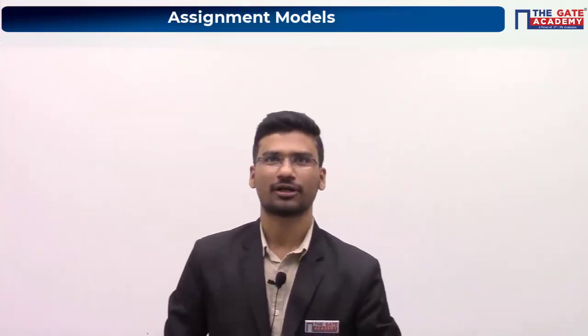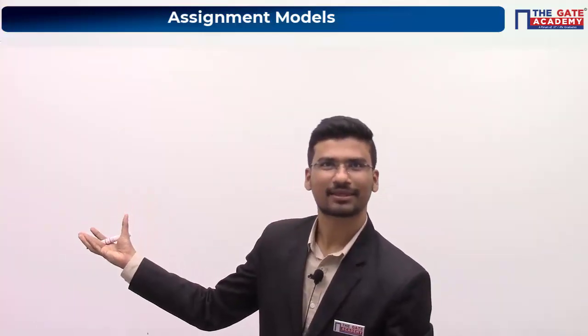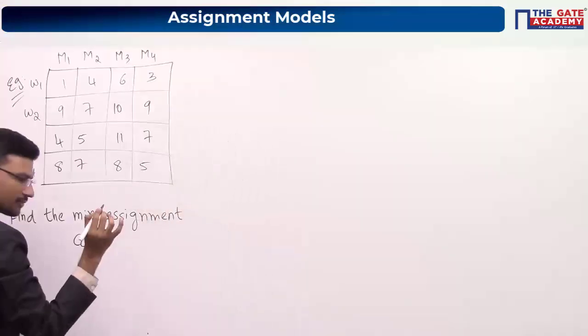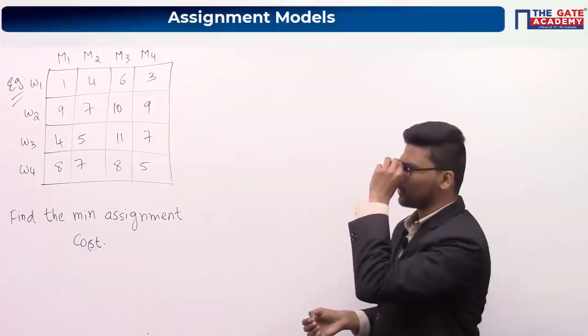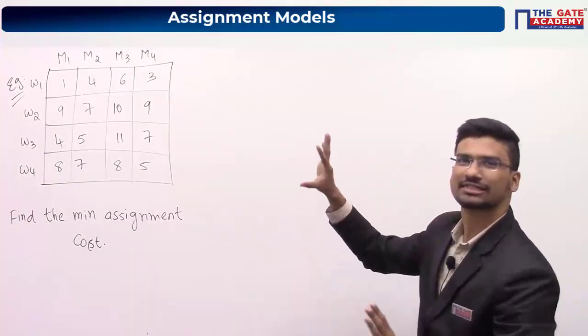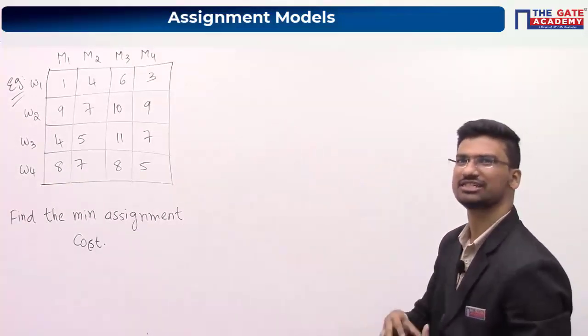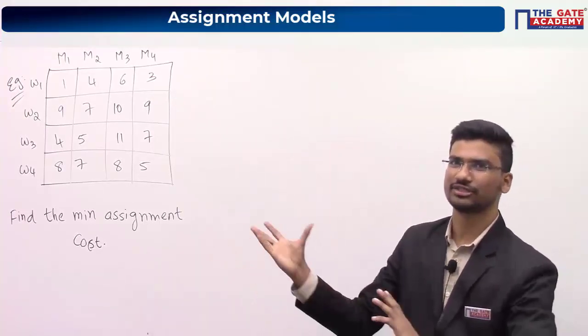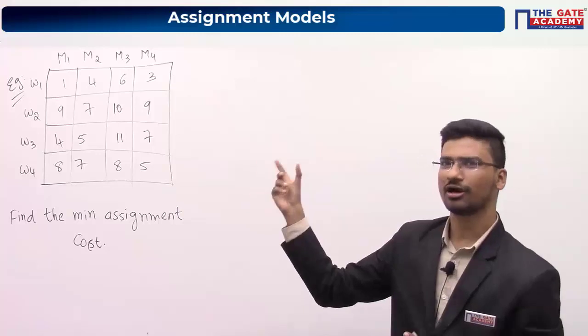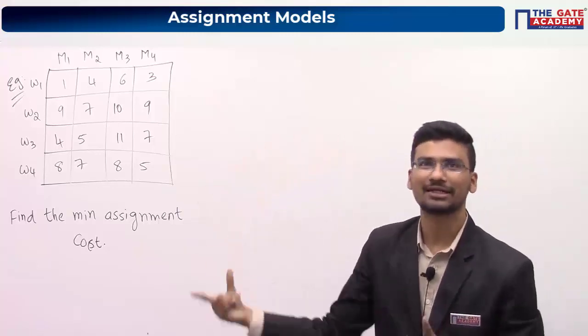4 by 4. Okay, so I am giving you now a 4 by 4 question. Fine, I will give a 4 by 4 question. Okay, so 4 by 4 matrix. I think it is also a straight line method, okay? So please solve this question. Just check whether it is straight line method or any other method, or maybe using the Hungarian algorithm only can we solve, or should we use the straight line method?